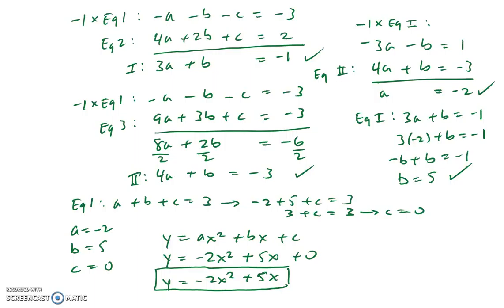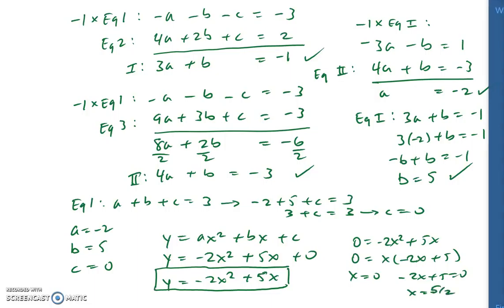If you find x-intercepts, you set y to 0 and solve for x. If you factor x from both terms, you get -2x plus 5. So one solution would be x equals 0, and then setting -2x plus 5 equals 0, we would obtain x equals 5/2 or 2 1/2.